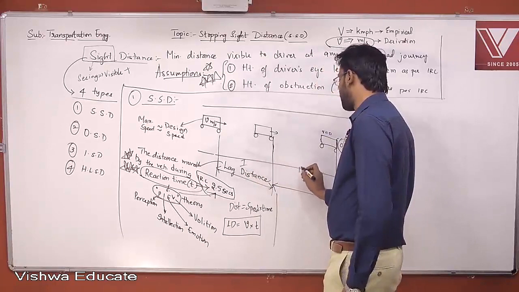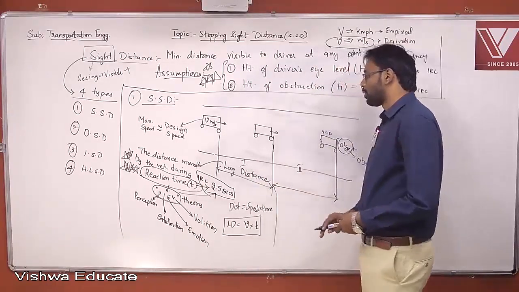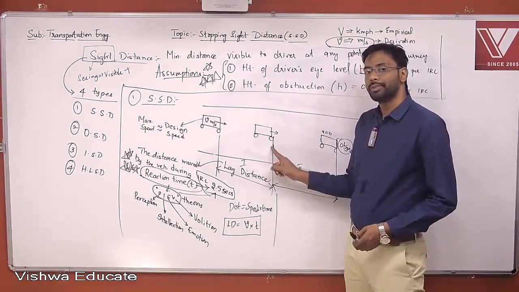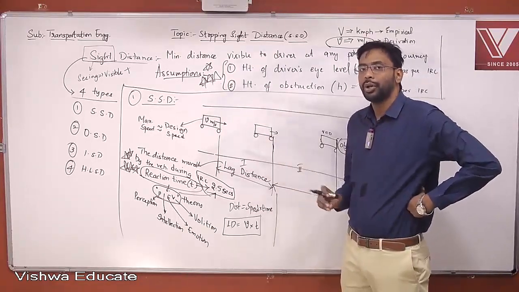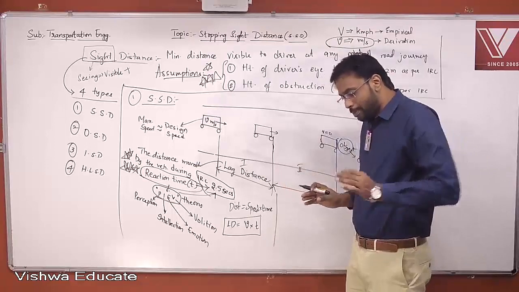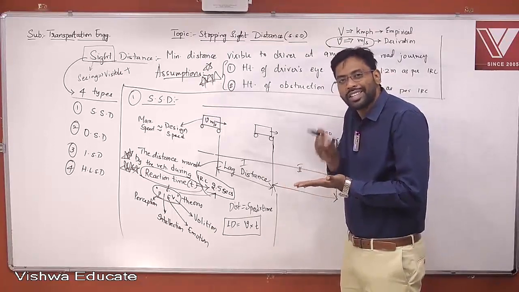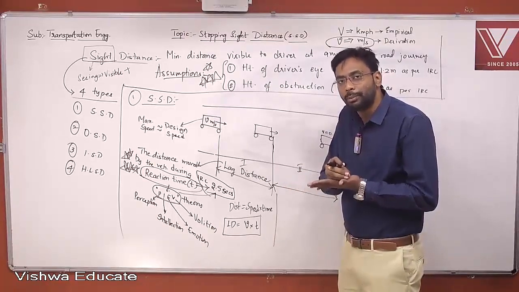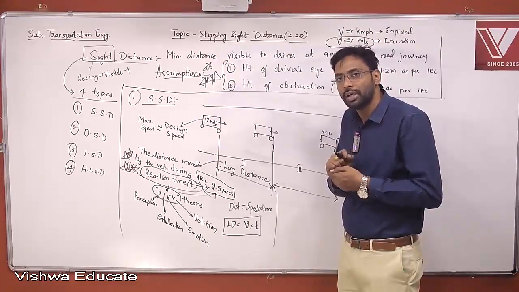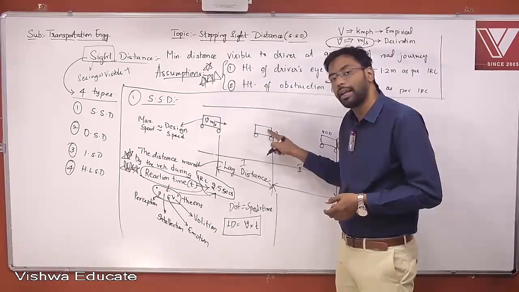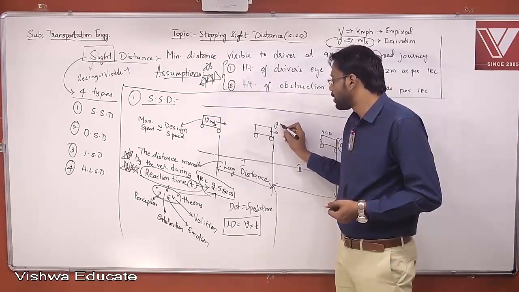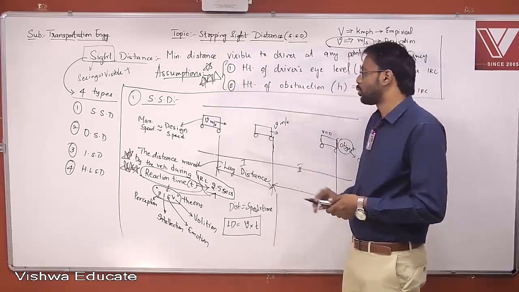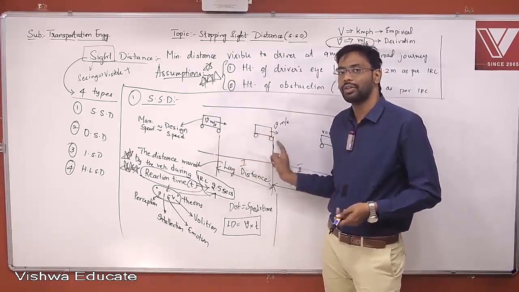Now the second part. So after coming to this point, you have decided that you need to apply the brake. Now, at the point just before the application of your brake, what would be your speed? Means what would be the speed of the vehicle at this particular point? It is the same v meter per second. So you have not applied any brake. You're traveling with the same speed.